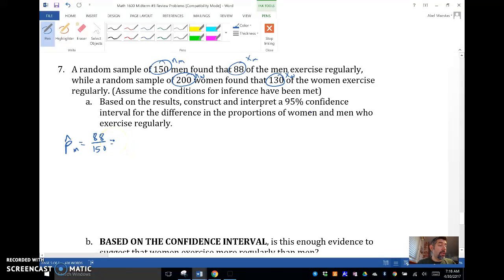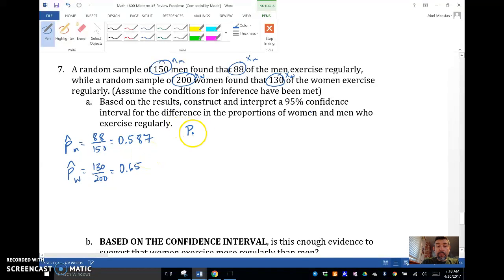All right, so I'm going to go ahead and calculate that. And I get 0.587. And then the proportion of women who say they exercise regularly is 130 out of 200, which is 0.65. Then I'm going to find my confidence interval.